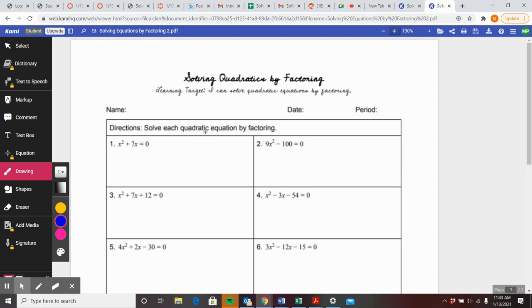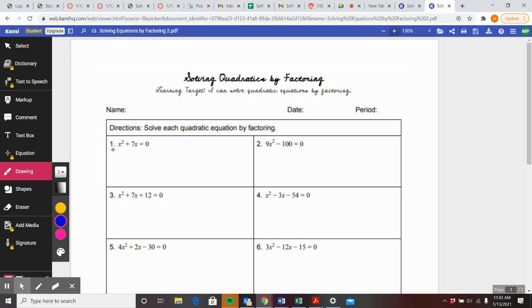Okay, what I wanted to do is I wanted to show you 1, and I wanted to talk about 2 also. Okay, so on 1, it is set equal to 0, but there is an issue. We're missing something. So C is equal to 0. Well, you can't find factors of 0, right?